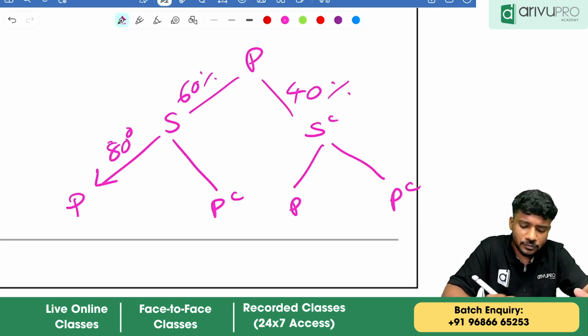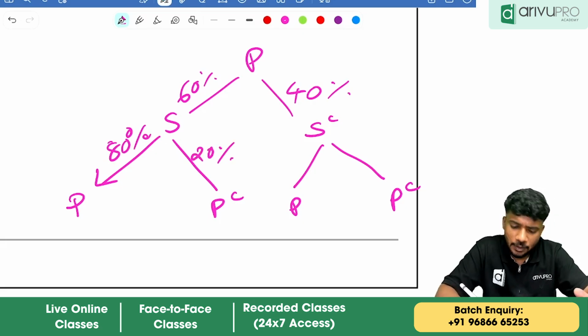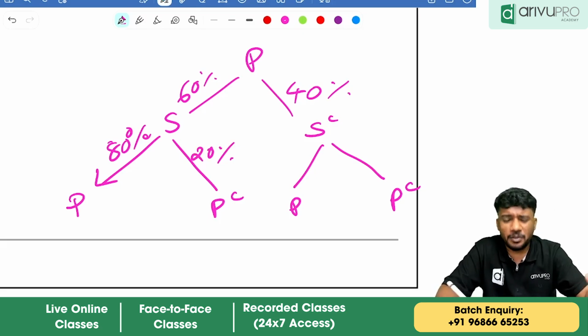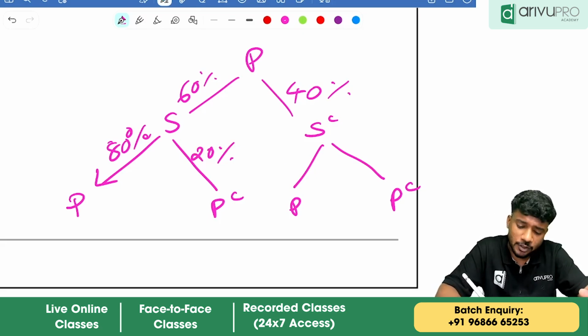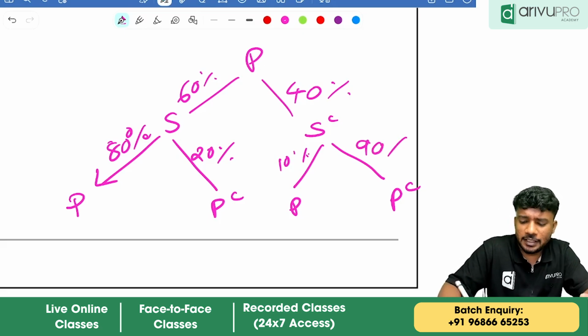Then here it will be the remaining 20%. Here, given a person studying in the question, not studying and passing will be 20%. Sorry, 10% I'll give. Then not passing after not studying is around 90%.